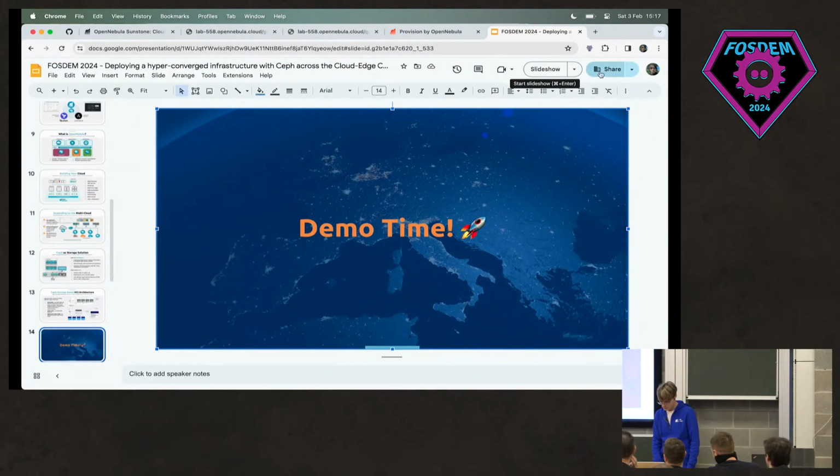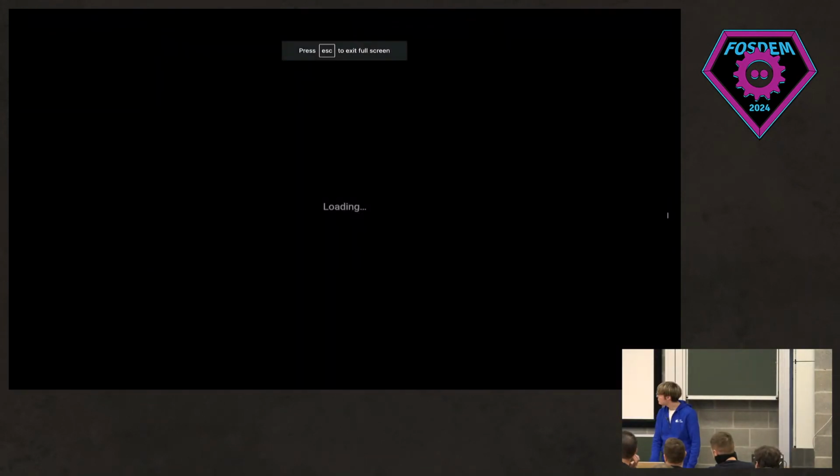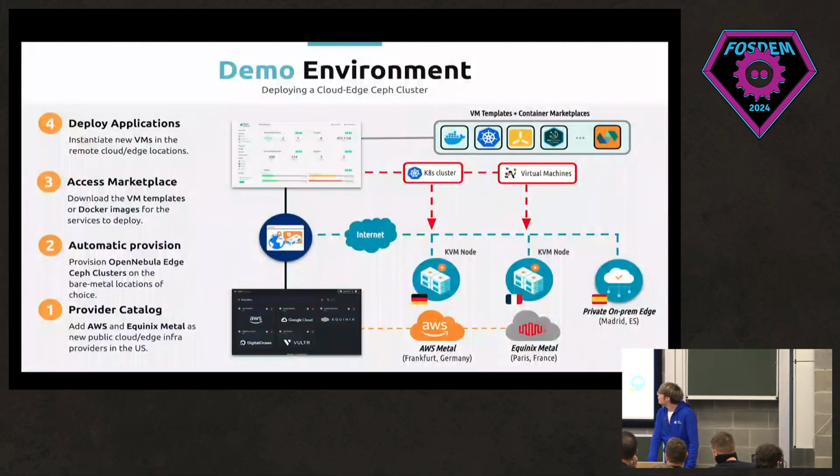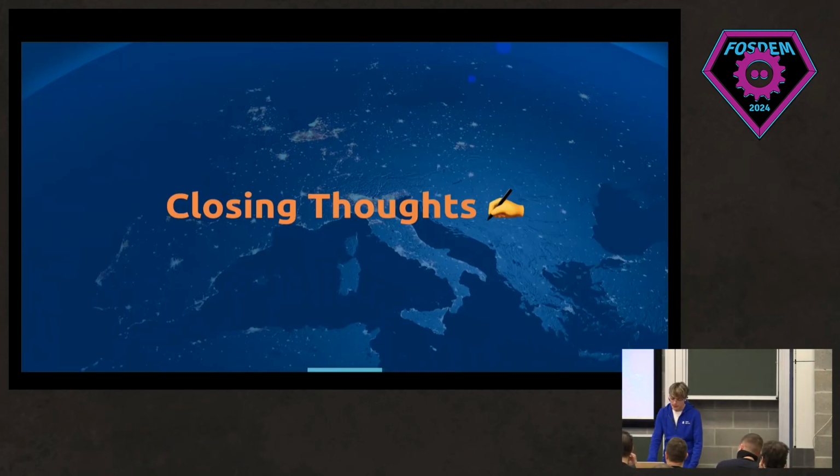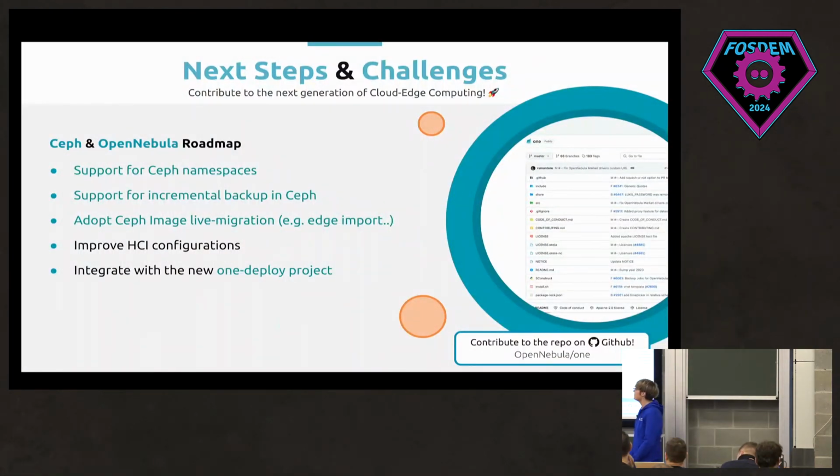So, returning to the slides. Okay. Well, that's the demo environment that we showed you. As a final conclusion, the necessities of this project and this integration of Ceph and OpenNebula are support for Ceph namespaces, support for incremental backup in Ceph, and adopting Ceph image live migration.